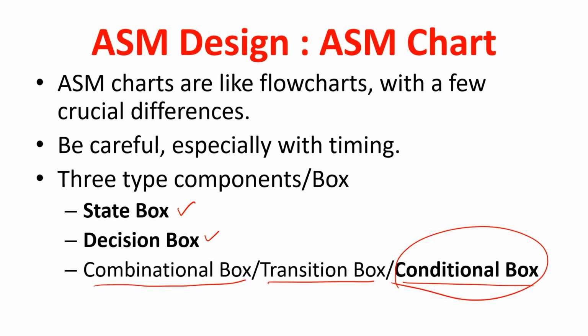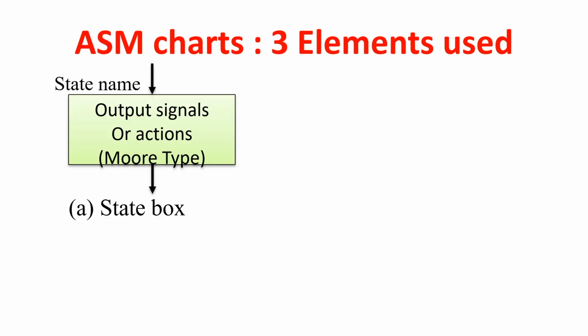ASM design uses three things: state box, decision box and conditional boxes. These three boxes in general we use, and by default arrows. In FSM also we use transition arrows.